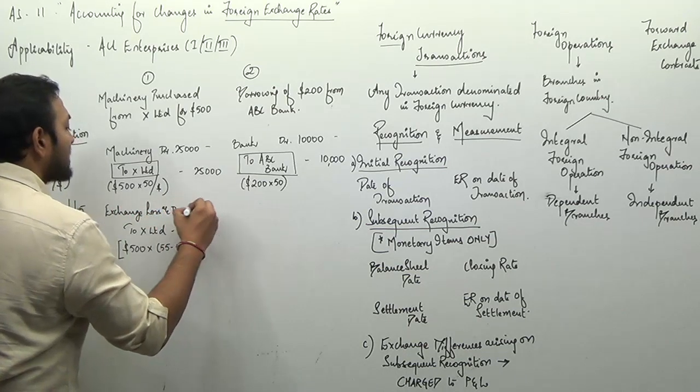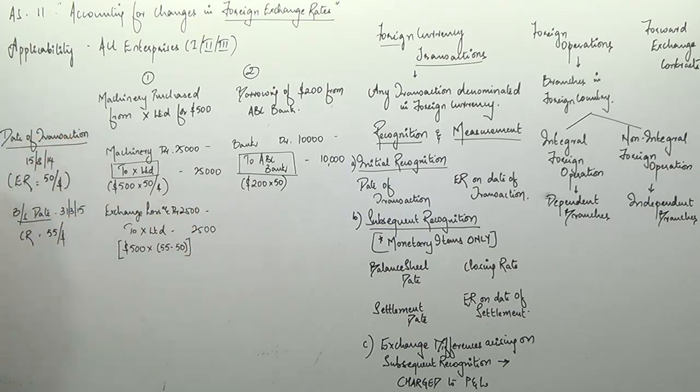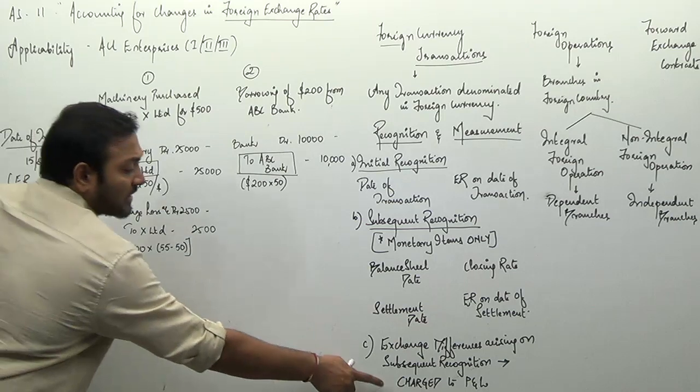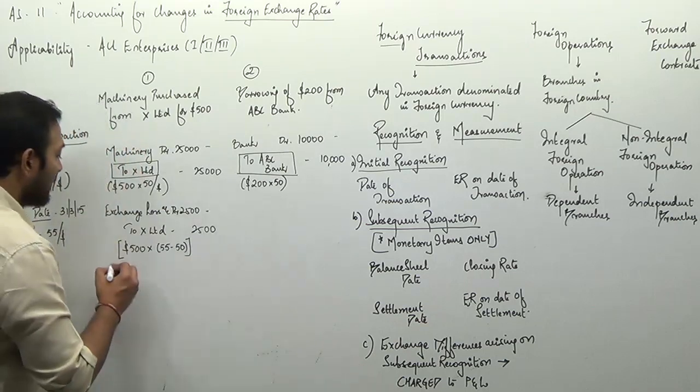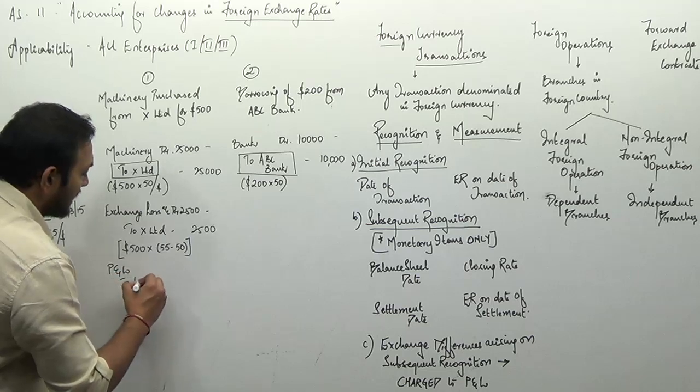I'll call it an exchange loss because I'm debiting it. Debit all expenses and losses. So since I'm debiting it, it becomes a loss for me. And such exchange losses on subsequent recognition should be charged to P&L. So I'll record the entry as P&L account debit to exchange loss.